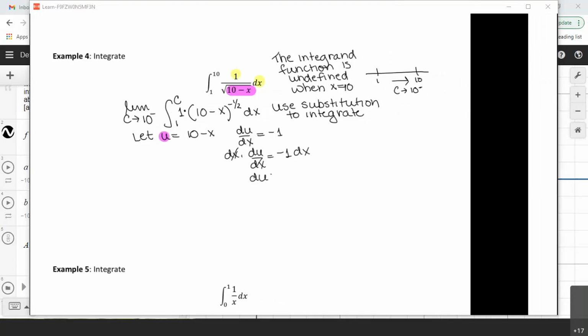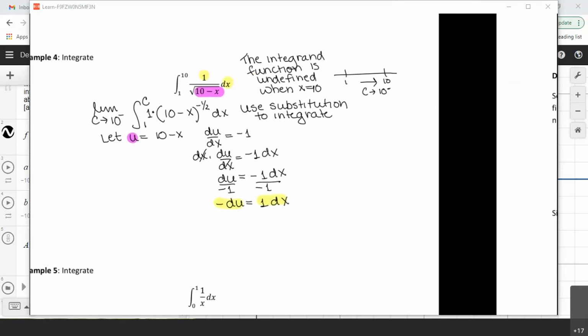So I have du equals negative 1 dx. The only thing I need to get rid of is the negative sign, so I'm going to divide everything by negative 1. That gives me negative du equals 1 dx. And now I match what's in my integral. See what I'm doing? I have to match it and match the sign as well.